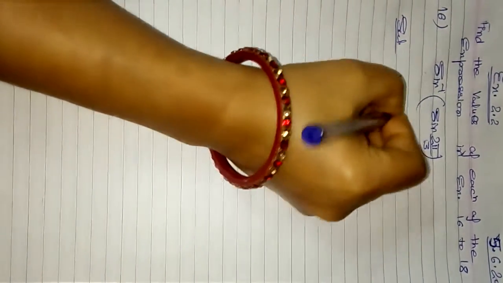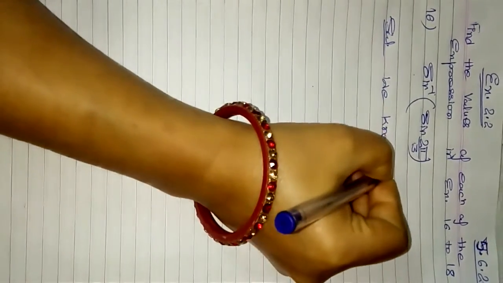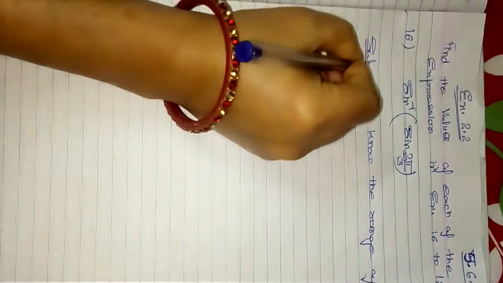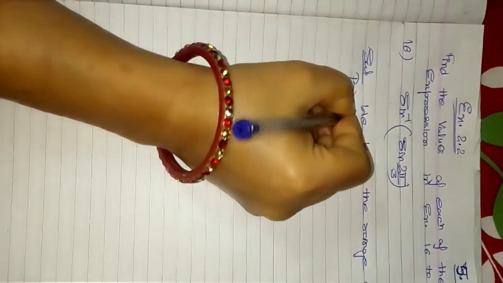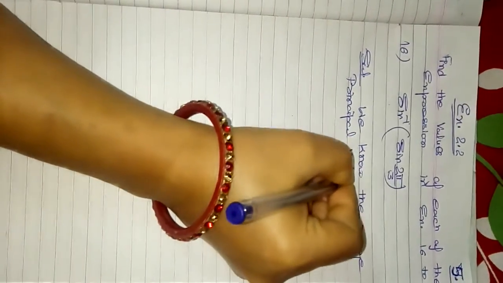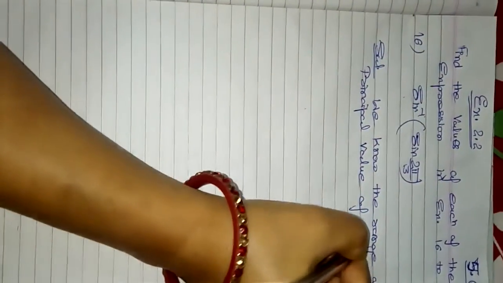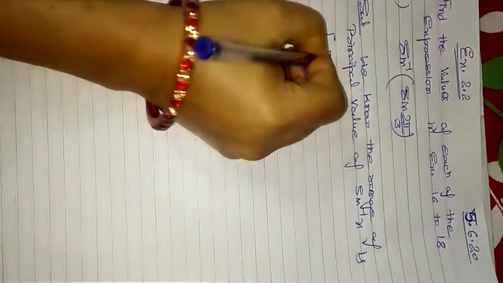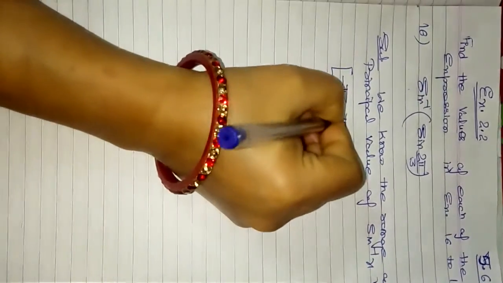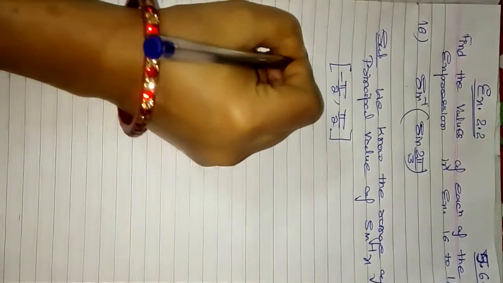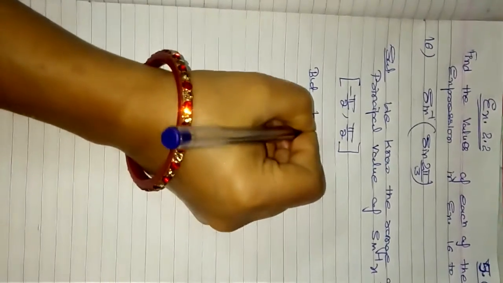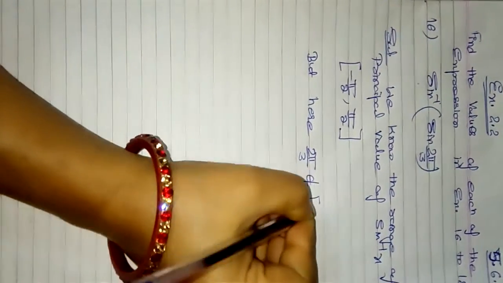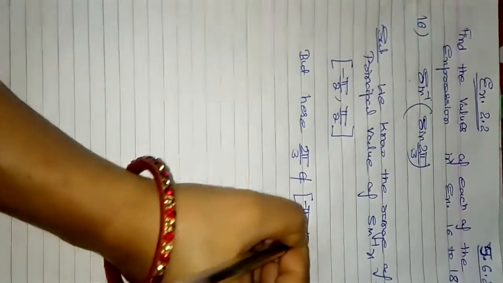We know the range of the principal value branch of sine inverse x is the closed interval minus pi by 2 to pi by 2, but here 2 pi by 3 does not belong to the closed interval minus pi by 2 to pi by 2.